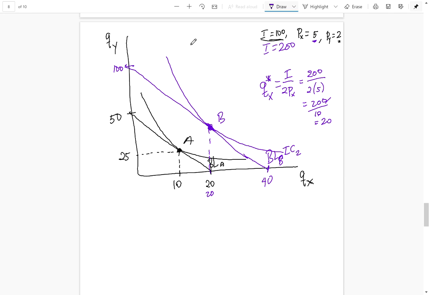For Q of Y, this would be equal to 200 divided by 2 times P of Y, which in this case is 2. That's equal to 200 divided by 4, 50, right? That also doubles. The reason why those don't match up exactly is because these 2 indifference curves are not drawn exactly to match. But that's beside the point of our video here.